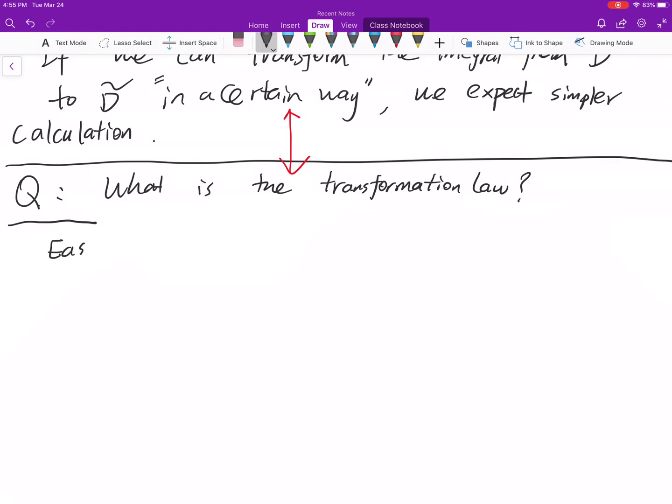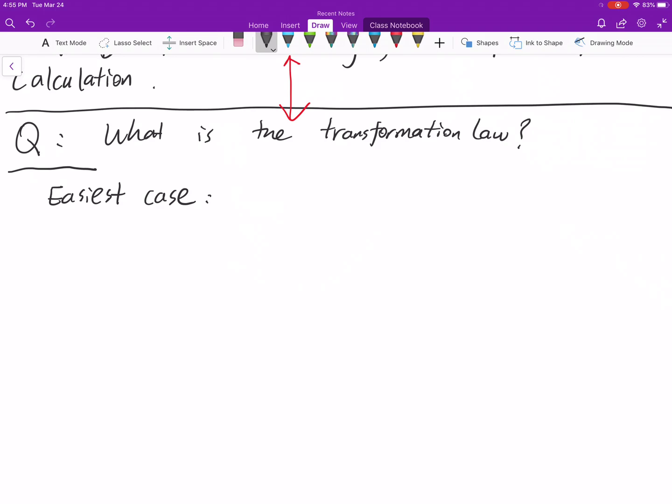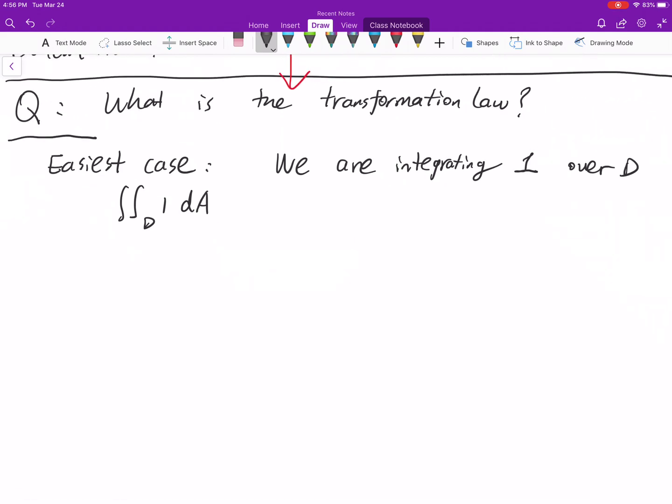The easiest example: suppose we are integrating the constant function 1 over D. So in other words, we are calculating this integral, and the geometric interpretation of this integral is the area of D in the xy coordinate system.